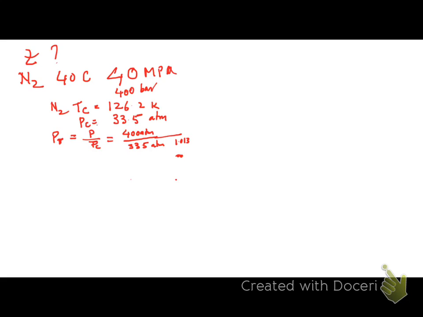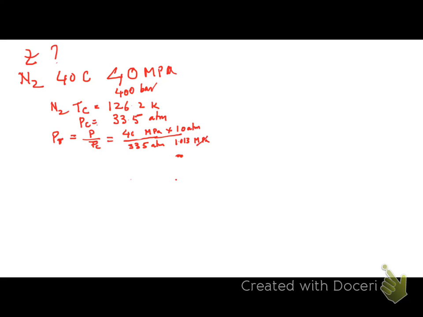So this should be 400 atmospheres, from the 40 MPa that is given to us, and there are 10 atmospheres in 1.013 megapascals. So that's what it is.